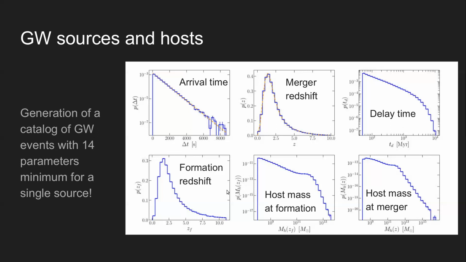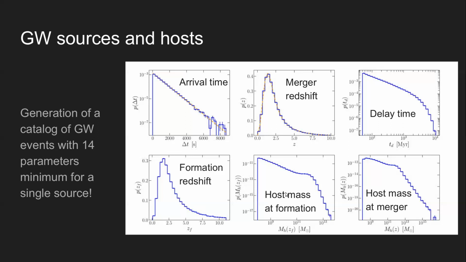And again, the merger redshift PDF and the formation redshift PDF look similar, but there is some kind of uncertainty in the delay time that you have to account for. So in this model they look similar, but you can play around.